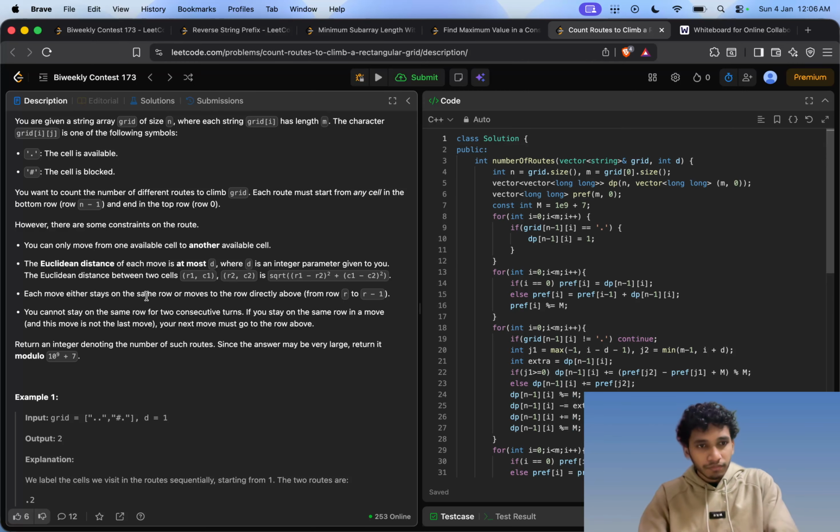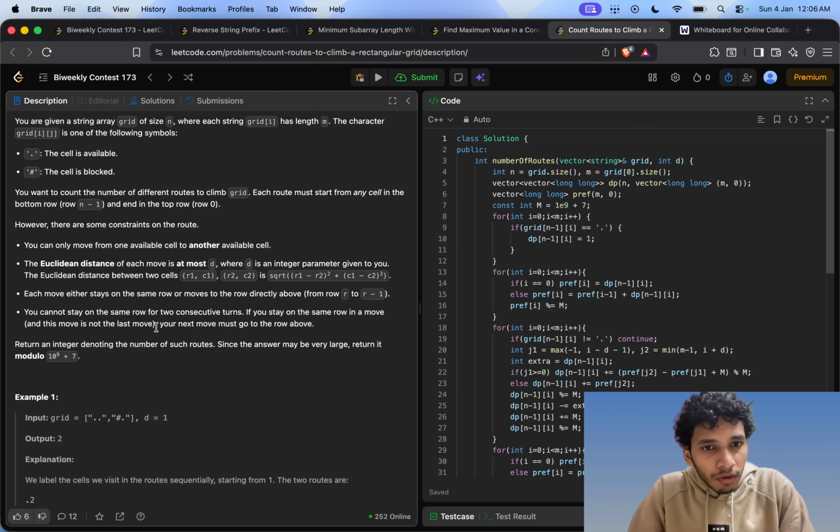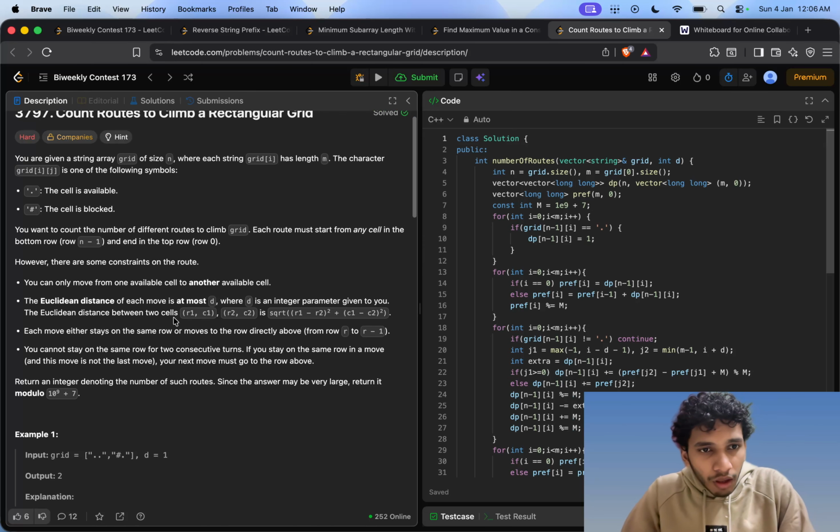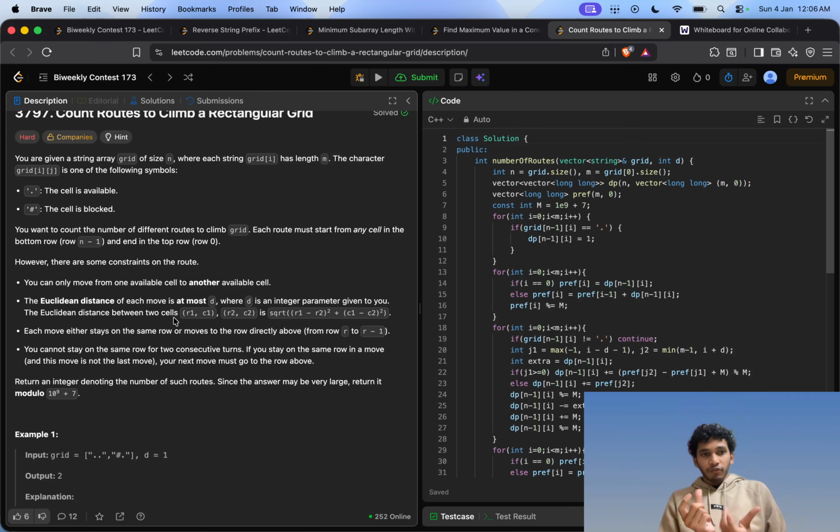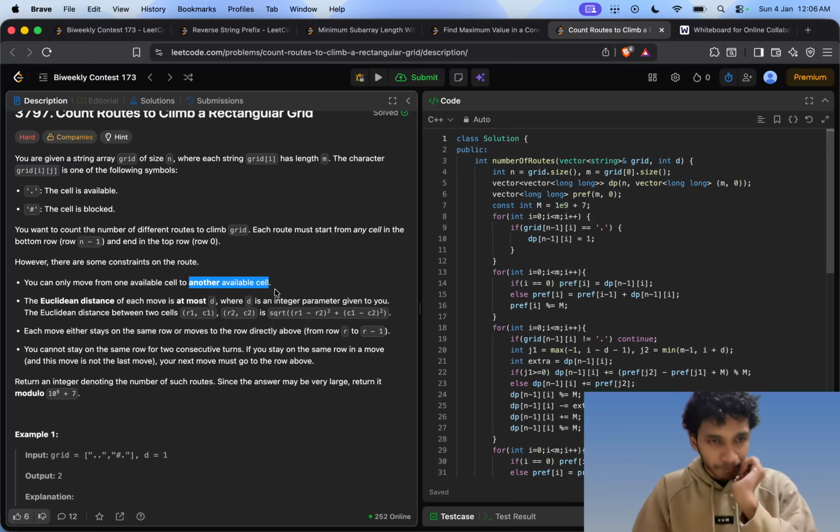And you have to make a move to another available cell. You cannot remain on the same cell, even if you chose to remain on the same row. You need to move to some other column.